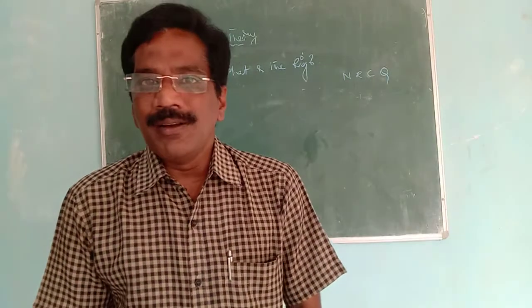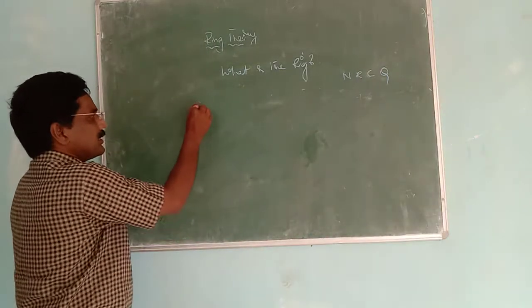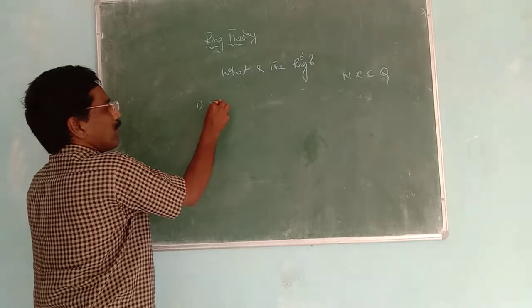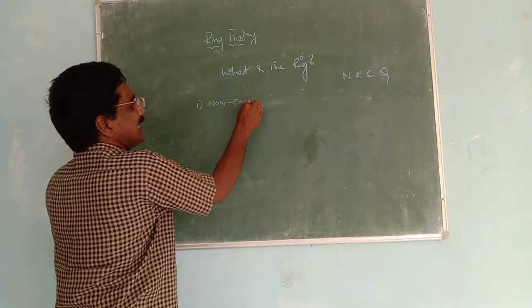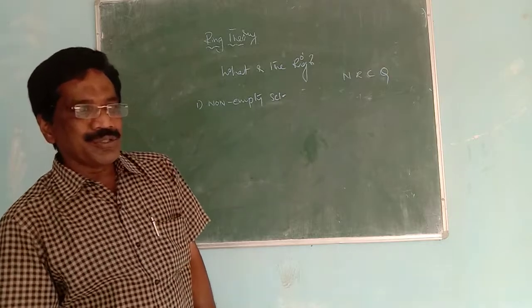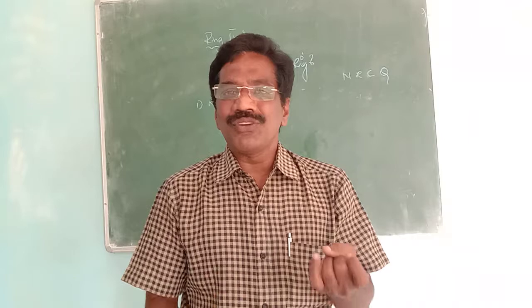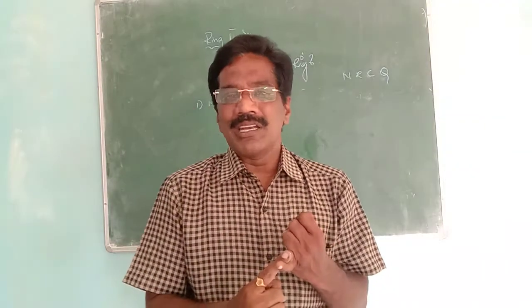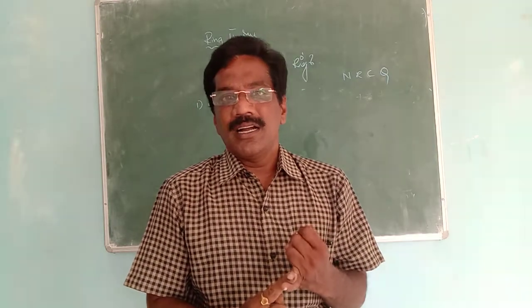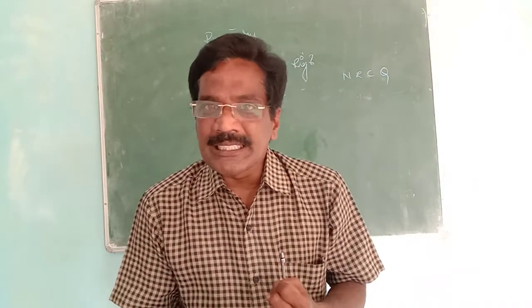First of all, we have to take any non-empty set. Now we have to show that it is a ring. First you take a non-empty set, and next you take an algebraic structure.